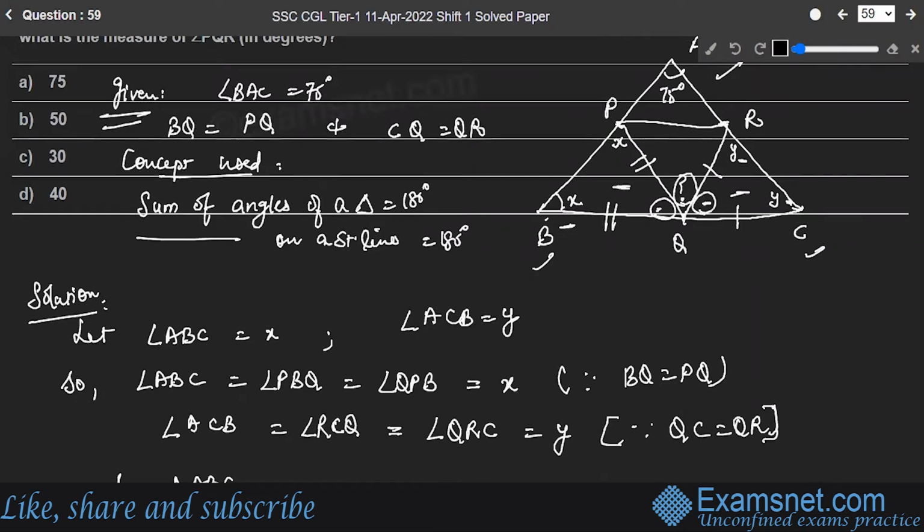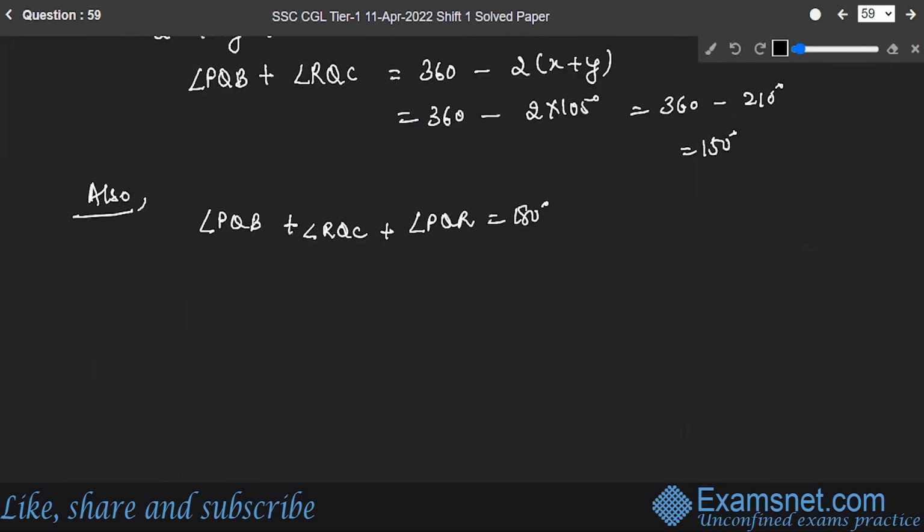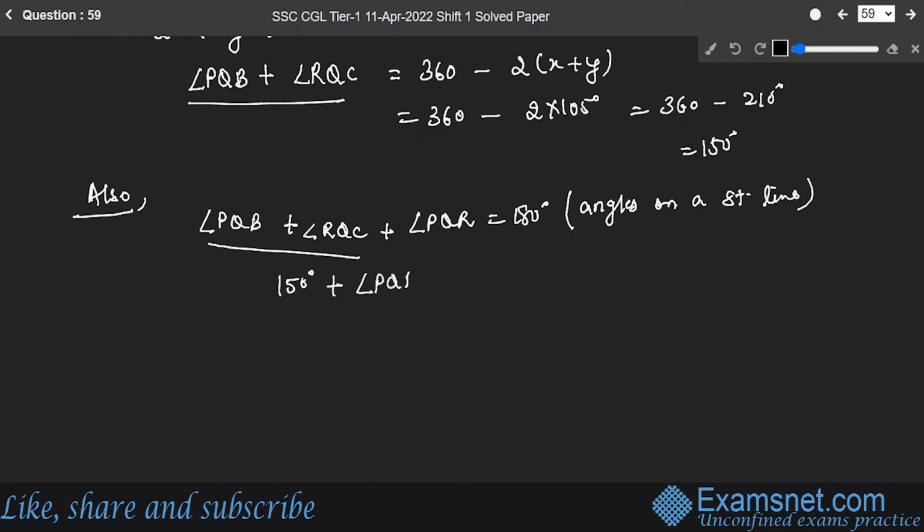These three angles lie on a straight line, so the sum of angles is equal to 180 degrees, angles on a straight line. Correct? We just solved that angle PQB plus RQC is equal to 150 degrees. So 150 degrees plus angle PQR is equal to 180. Angle PQR is equal to 180 minus 150, which is equal to 30 degrees.